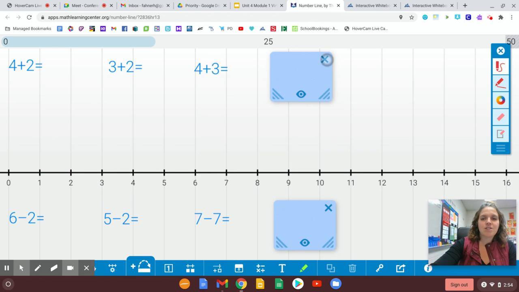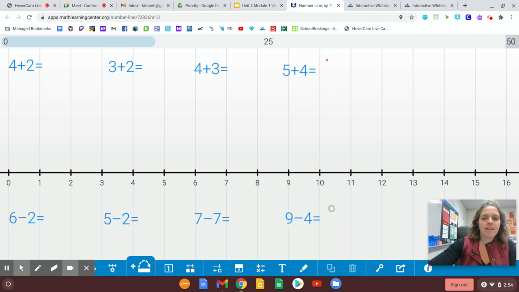All right, here's our last two. I'm going to show them both to you. Go ahead and solve 5 plus 4 using that number line, and then 9 minus 4 using the number line.